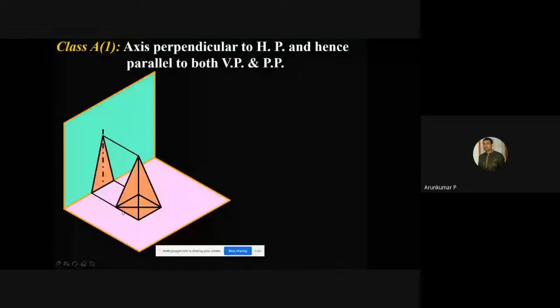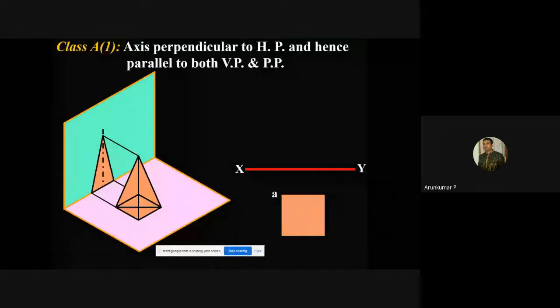Okay. And if you draw the front view, you can see in the front view it will be like a triangle, and in the top view it will be like a square. So you will draw the XY line. Top view is a square. Name the corners of the square, that is the base.